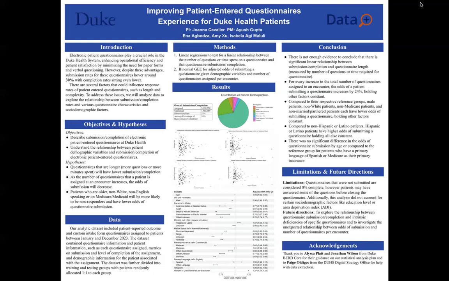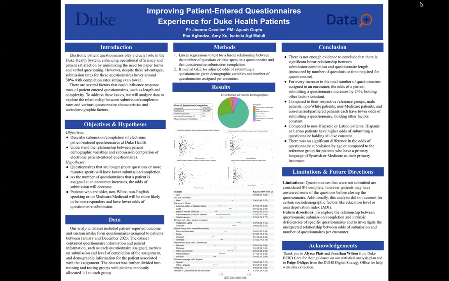With these plots, we see the relationship between questions in the questionnaire and submission rate, not much of a visible linear relationship. And we also have a forest plot with odds ratios, lower odds to the left and higher odds to the right, with each different demographic category being compared to a reference group.